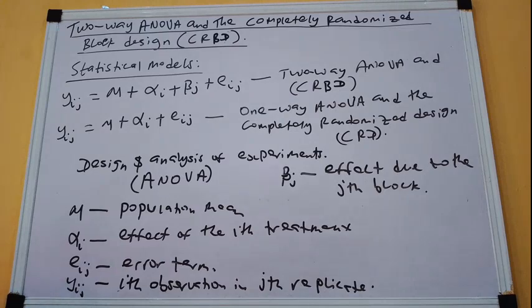So, in the absence of any appreciable block effect, the randomized block design is not more efficient than the completely randomized design. So it is very important for us to know that the completely randomized design has more degrees of freedom for error.